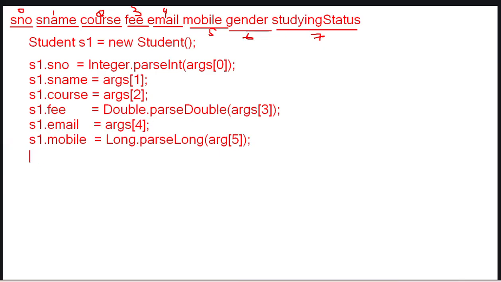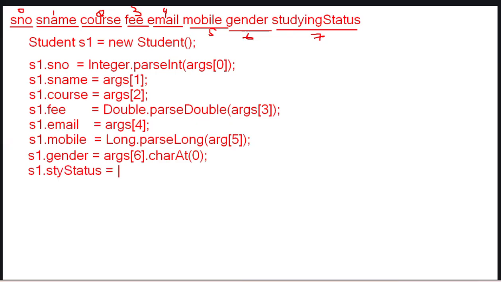Next, now I want to read gender. s1 dot gender. Gender means what you pass? M, F. Male, female, the first character M or F you are sending. Then now you have to read args of 6. In the string object, take the first character, 0. Then s1 dot studying status.